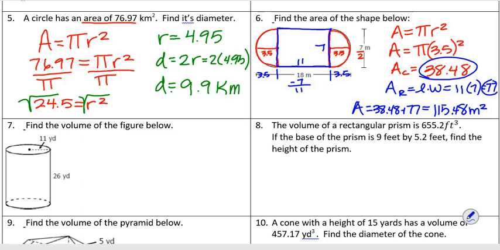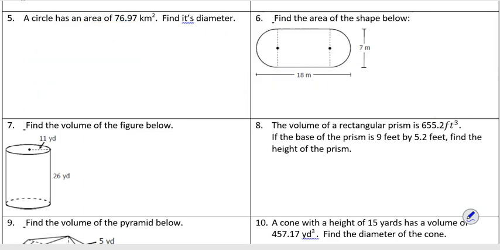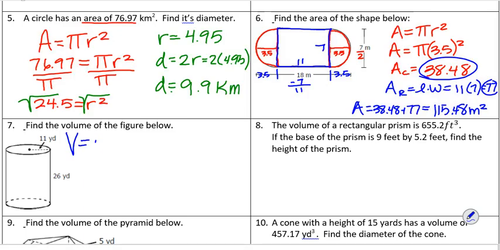Number 7 says find the volume of the figure below. Well, the figure below is a cylinder, so we need the volume of a cylinder formula. That's equal to pi r squared times h. In this problem, we're just going to populate the formula.